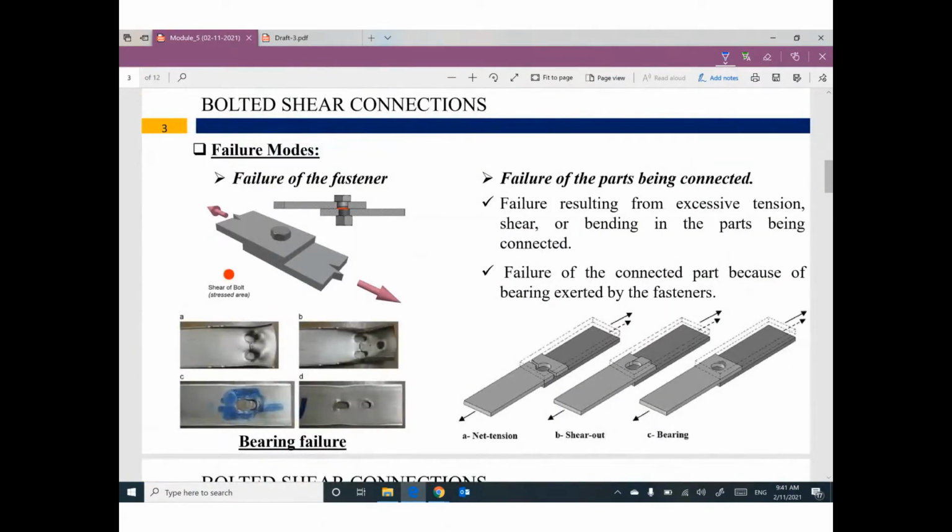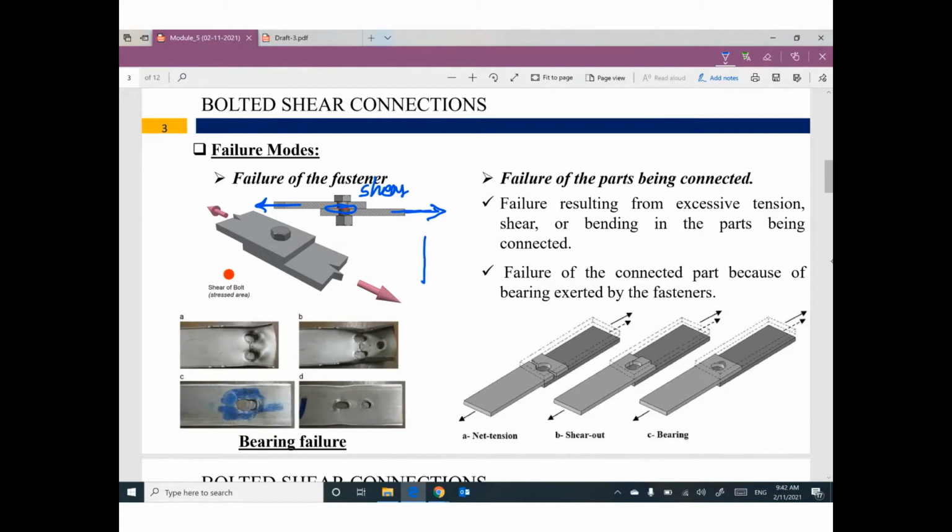Just for your information, if you have a bolted connection, we have different modes of failure. The first mode of failure is failure of the bolt, failure of the fastener itself: shear off. Can you see this? We have tension on this side and tension on this side, so we have shear on the bolt.